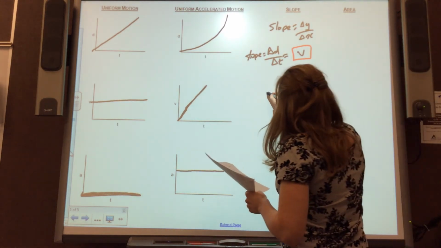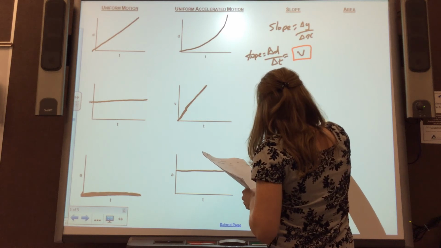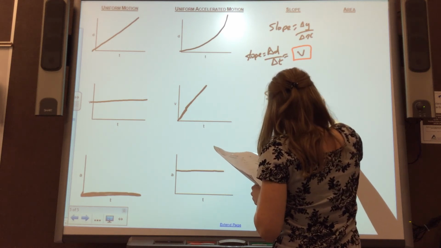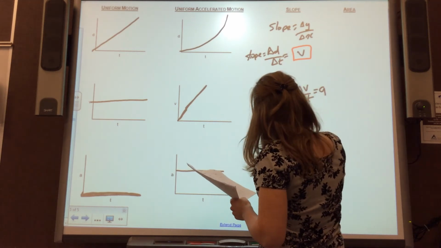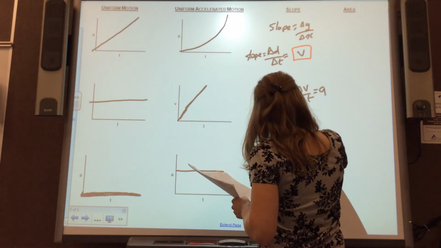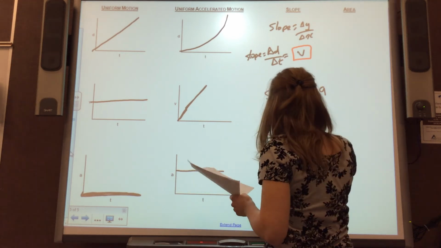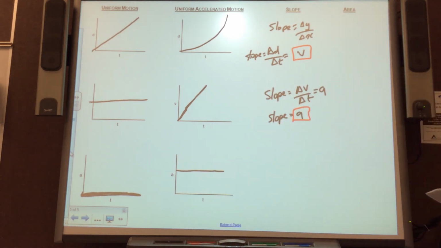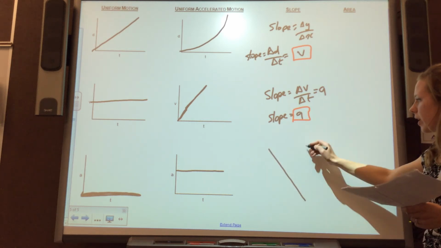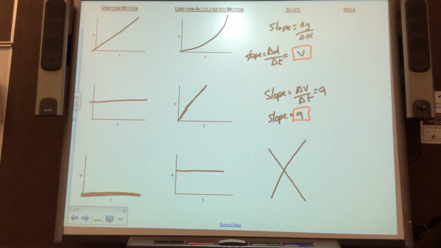If I was to find the slope of my VT graph, delta V over delta T, that's A. So slope is equal to A. And I don't find slope of my AT graph.